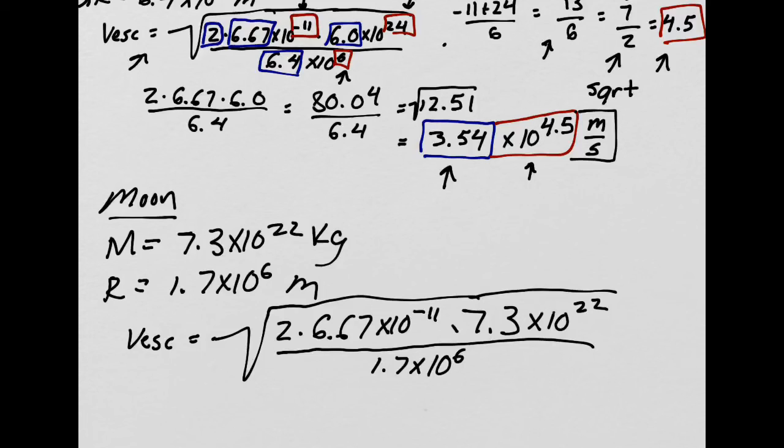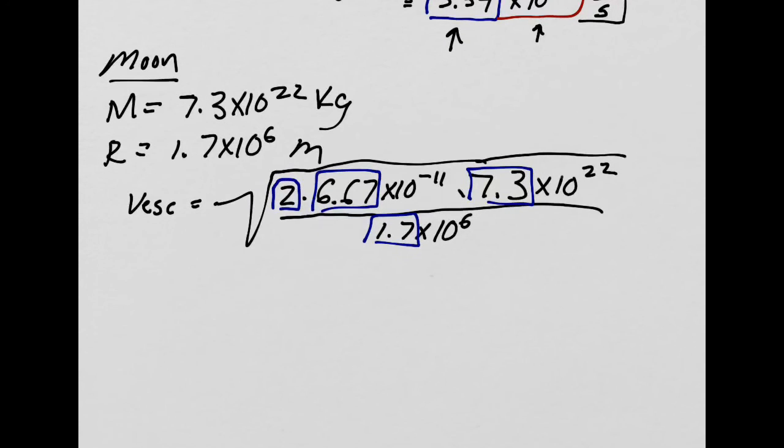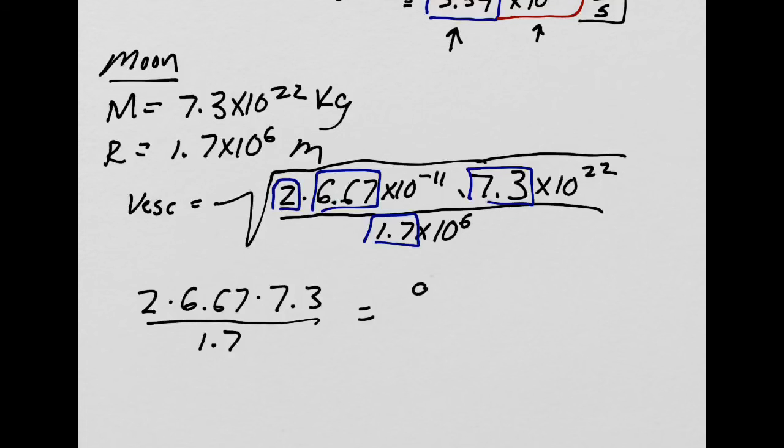So we're going to do our prefixes, 2, 6.67, 7.3, and 1.7. 2 times 6.67 times 7.3 divided by 1.7. 2 times 6.67 times 7.3: our numerator is 97.382, and our denominator is 1.7.